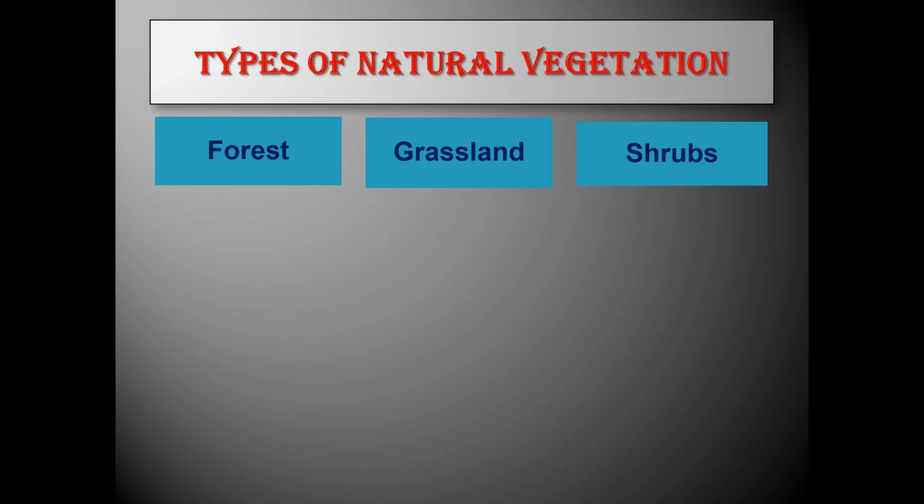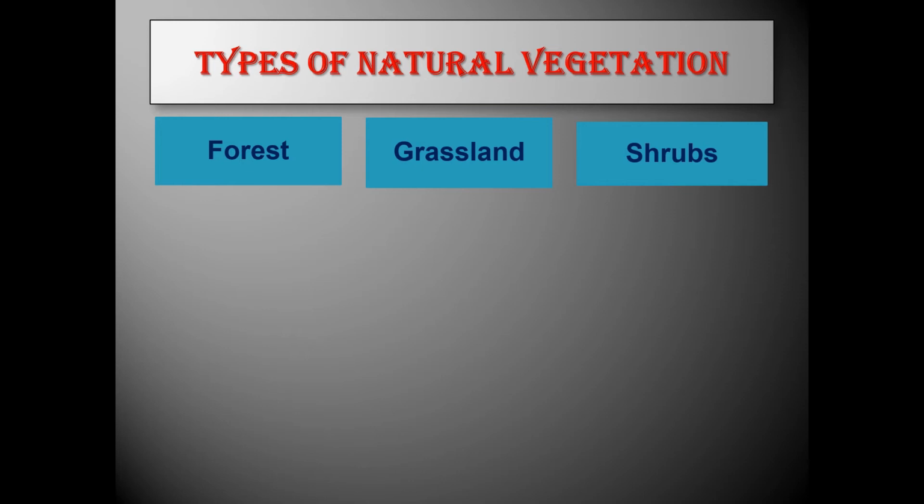The size of the trees and the density reduces as the amount of moisture decreases. The shrubs grow in the dry areas of low rainfall, which have deep roots and leaves having thorny and waxy surface to reduce loss of moisture by transpiration. So these are the three types of natural vegetation.